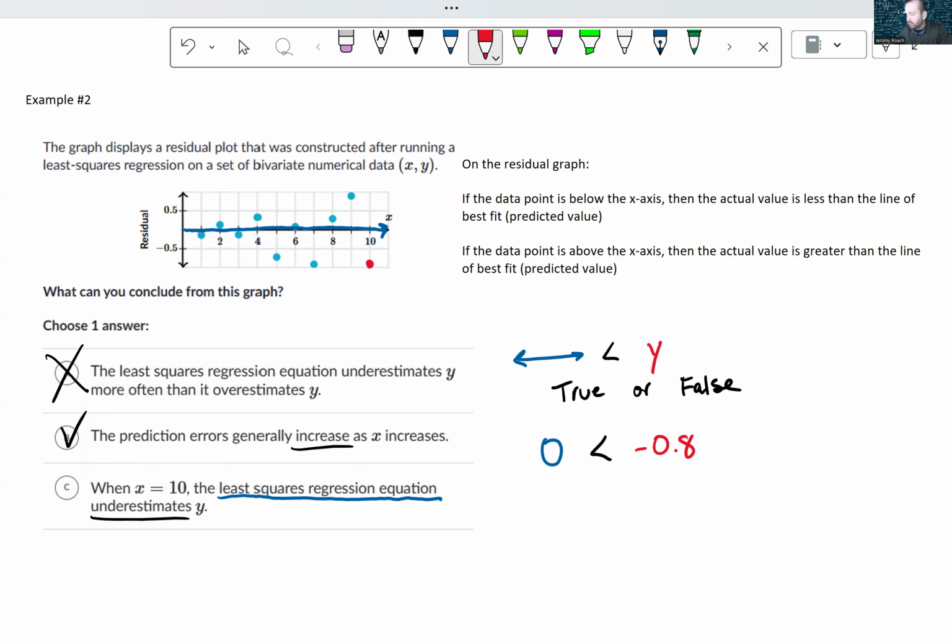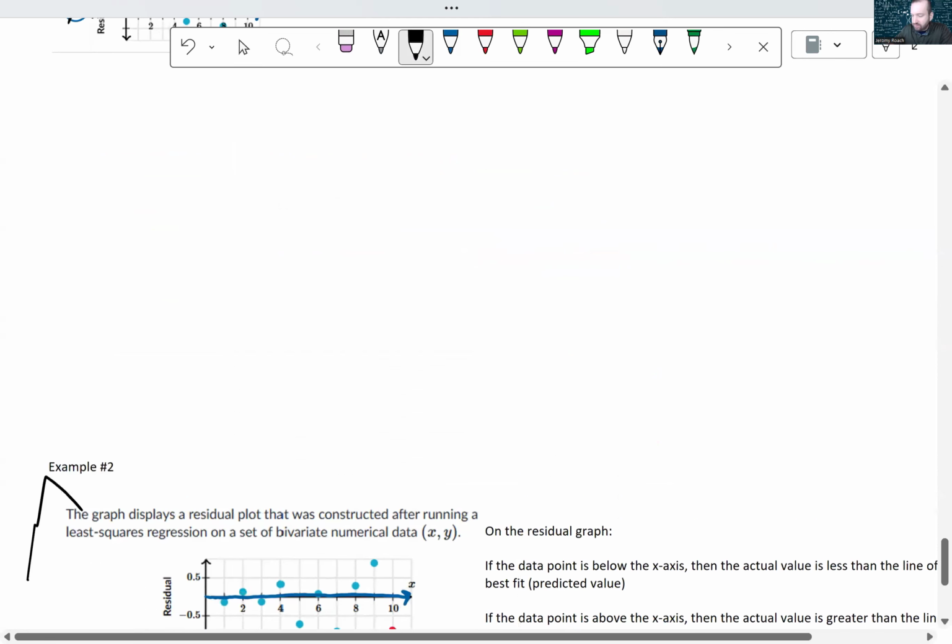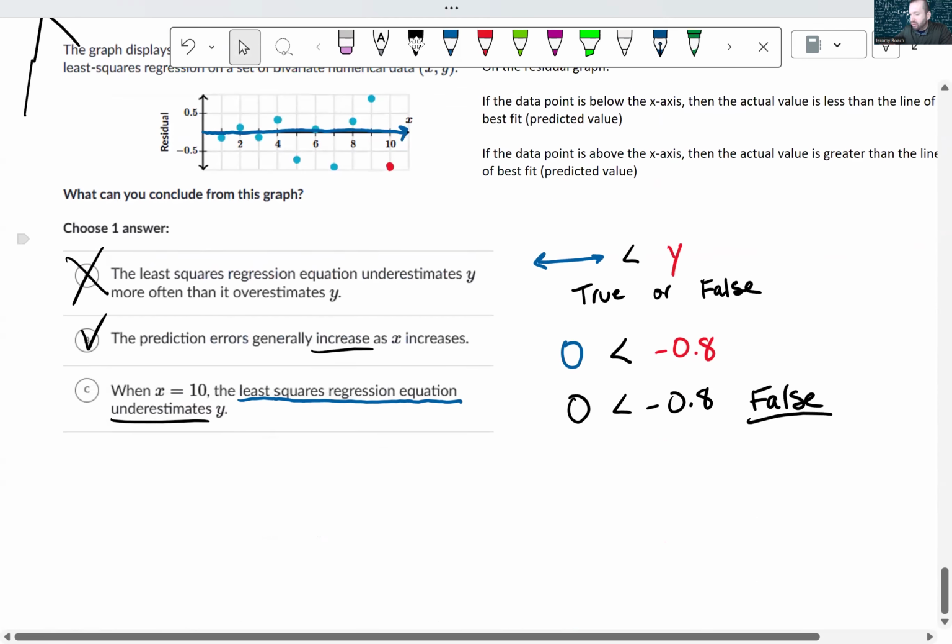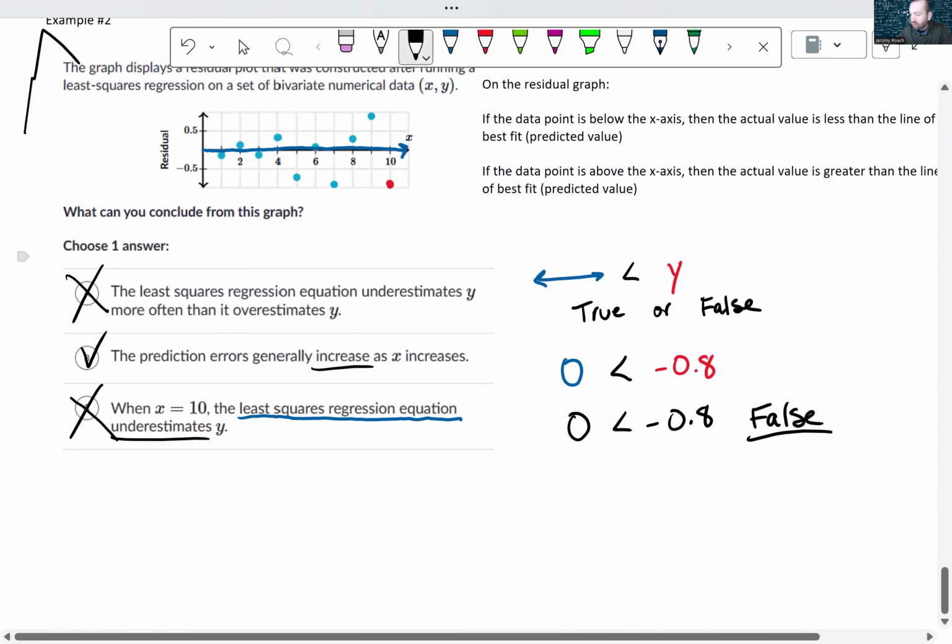Is 0 less than negative 0.8? Well, that's false. So it doesn't underestimate y at x equals 10. The least squares regression equation overestimates y at x equals 10. So C is not correct.